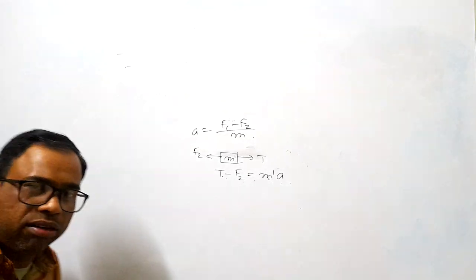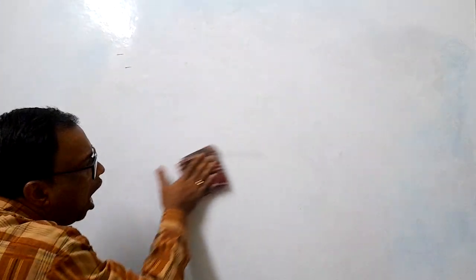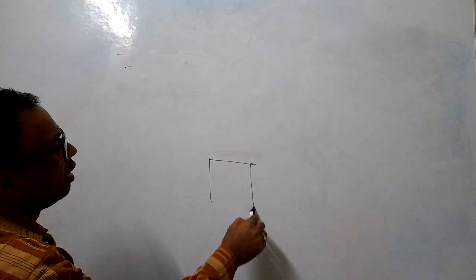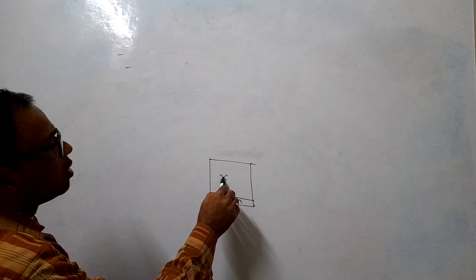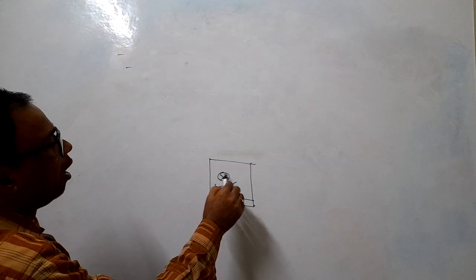Just to give an example: how does the normal reaction show the reading of the weighing machine? Suppose a box is here and a weighing machine here, and a person stands on it.